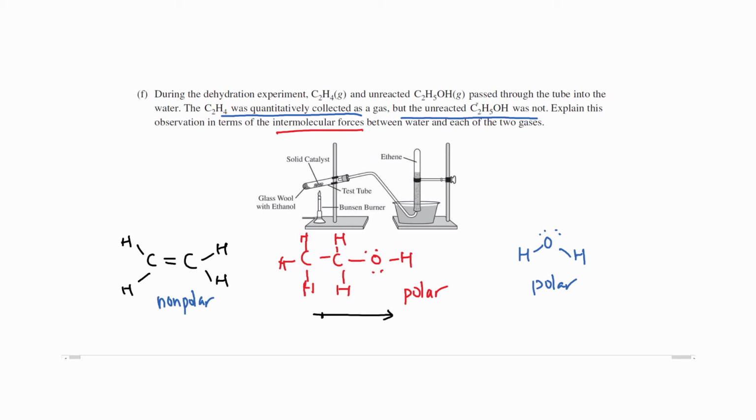But as for the unreacted ethanol from the very beginning here, it may somehow seep through our test tube and it can interact with water as it bubbles up because it can be dissolved in water solvent.